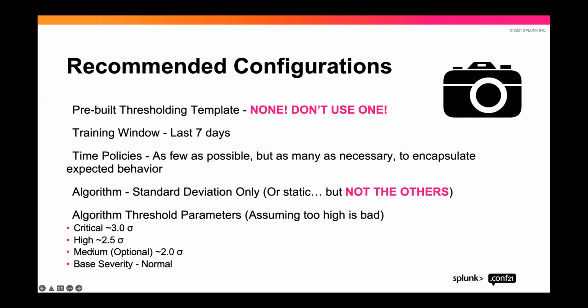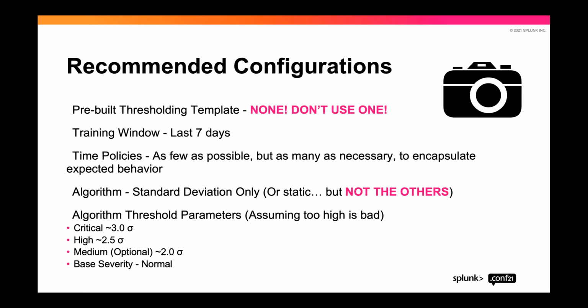A high KPI would be 2.5 standard deviations from the mean, and then medium would be 2, and then base would be normal. We have found these to be optimal for standard KPIs where high is bad and lower is good. Now, if you've got KPIs where low is bad and high is good, you have to tune this a little bit.